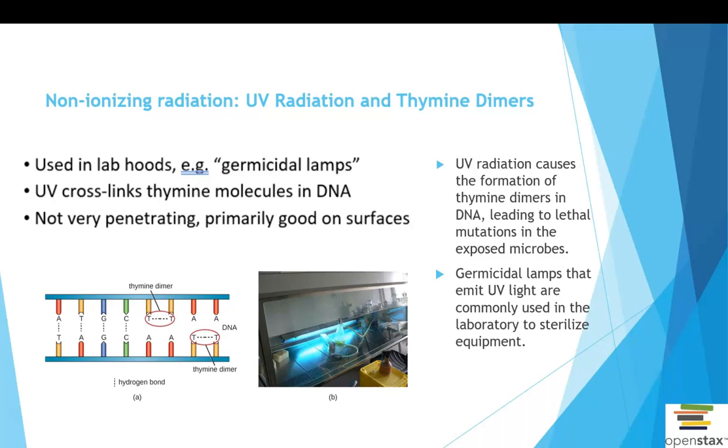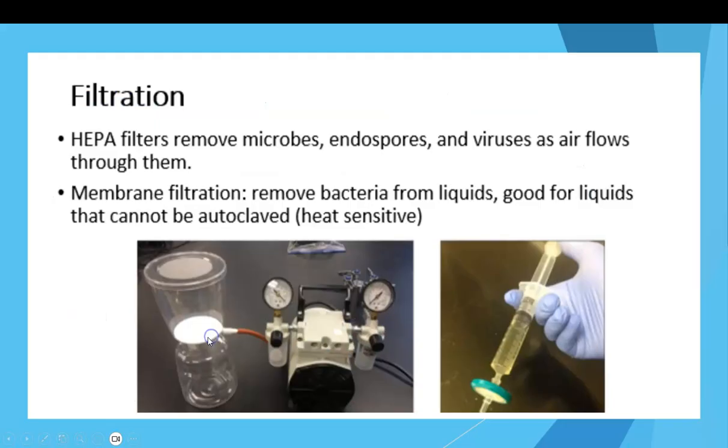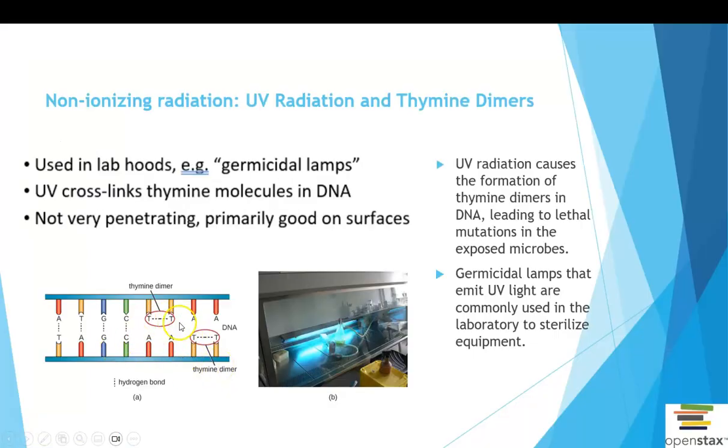Usually UV can cause the cross-link that you can see here between the thymines. In the DNA, these thymines make a bond together, and then it doesn't let DNA replication and transcription, all those processes, happen properly.